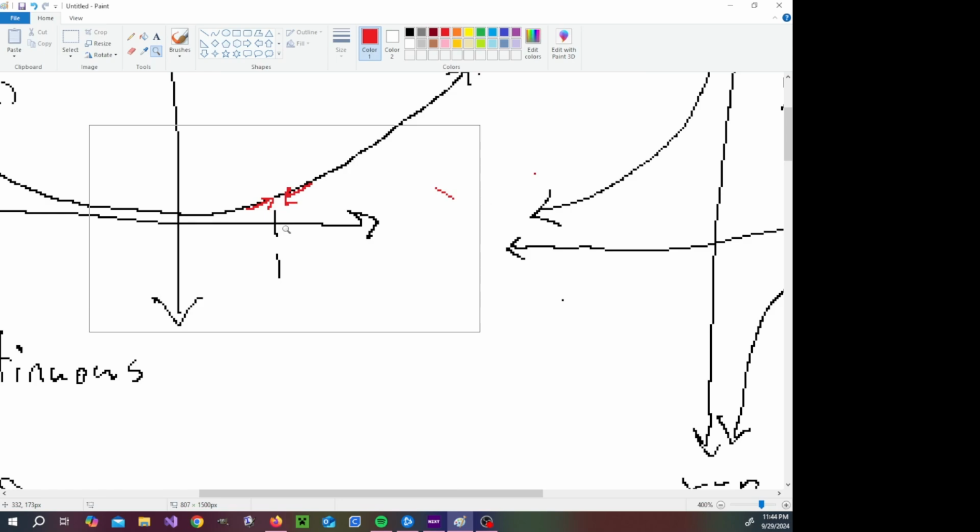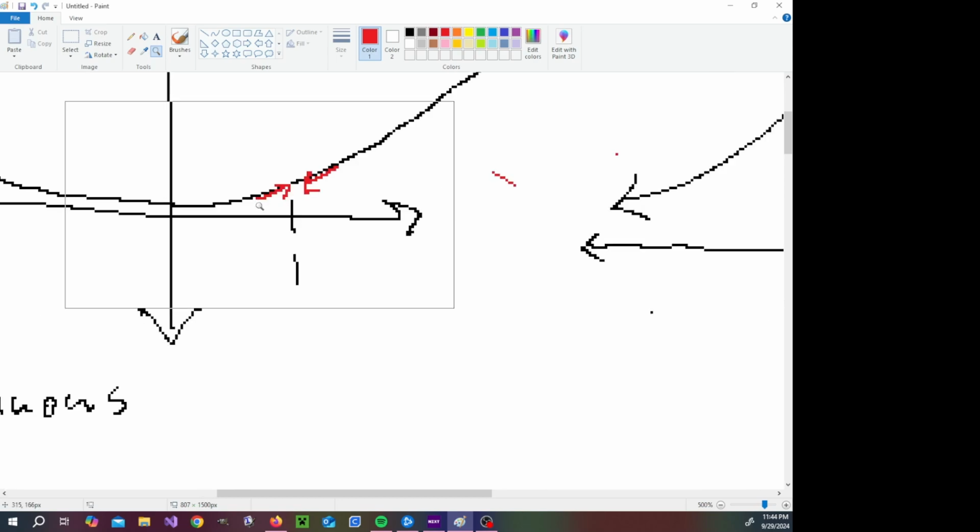So from the left of 1, we're heading towards this value. And from the right of 1, we're actually heading towards that same value, right? Either way, we're heading to the same point. So this two-sided limit agrees and is equal to that value that they're both heading towards.